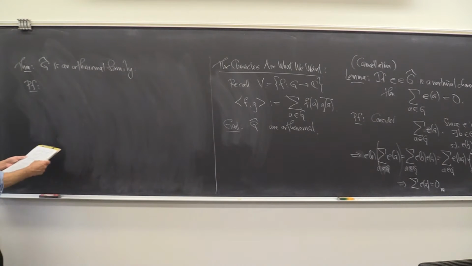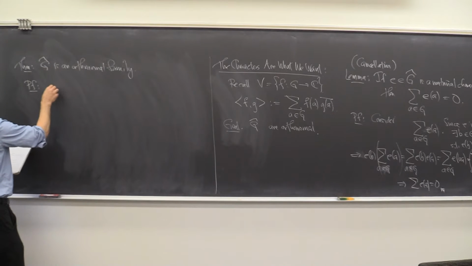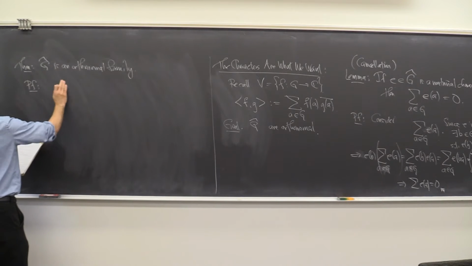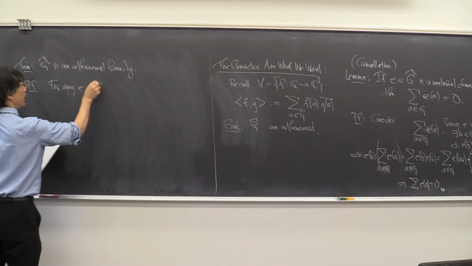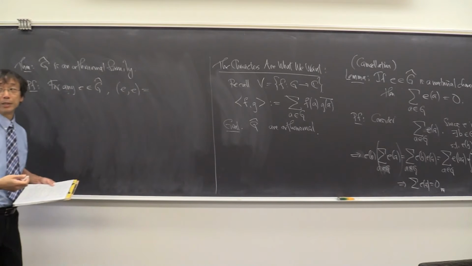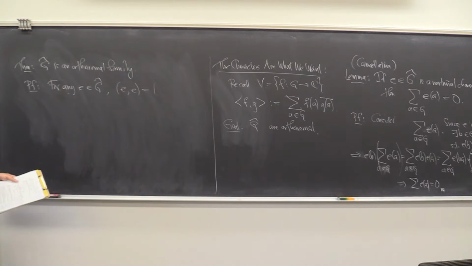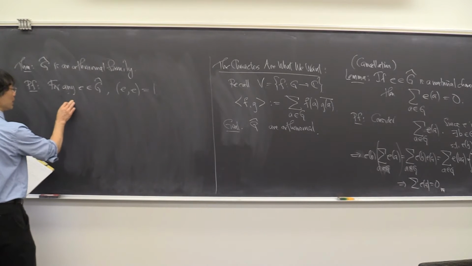Okay, so there's two parts to that, right? First off, we want to show that for any E in G hat, the inner product against itself is 1. But that's basically just a calculation.